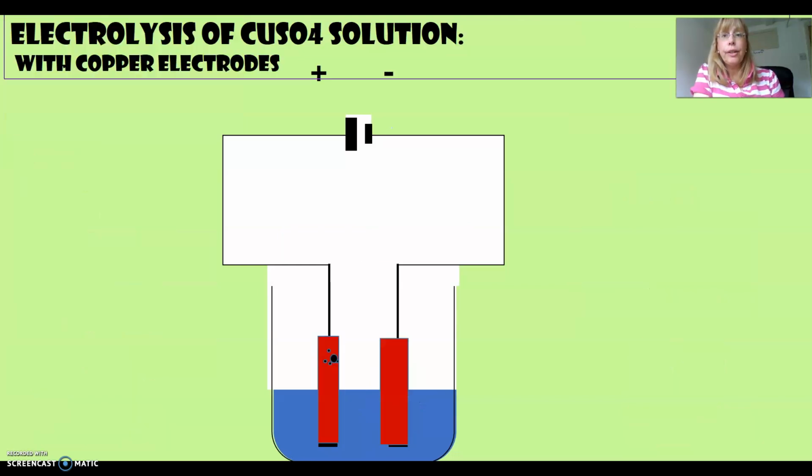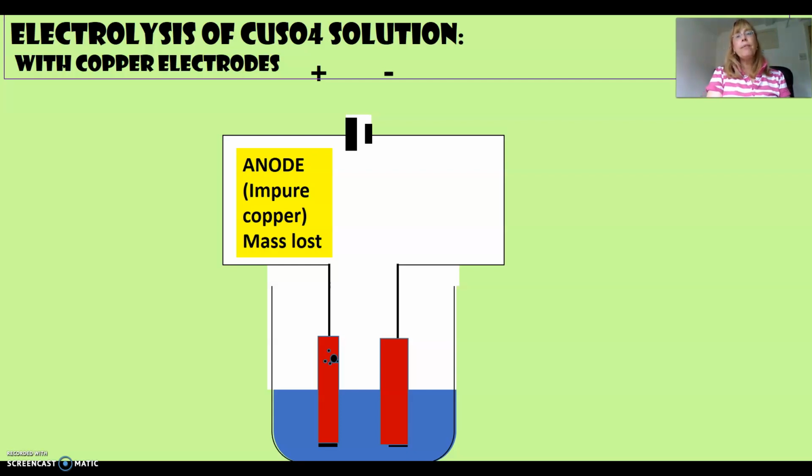Let's look at our third scenario. In this scenario, we're going to use copper sulfate solution, which is a beautiful blue color, and the exam board likes you to know what the colors are. In this situation, rather than using graphite carbon electrodes, we're going to use copper electrodes.